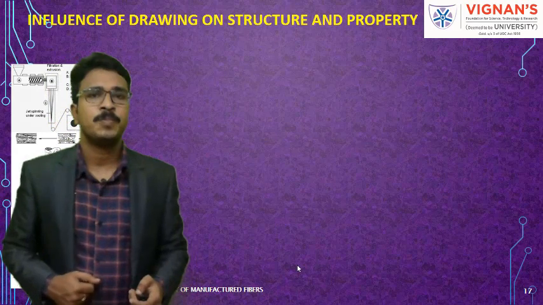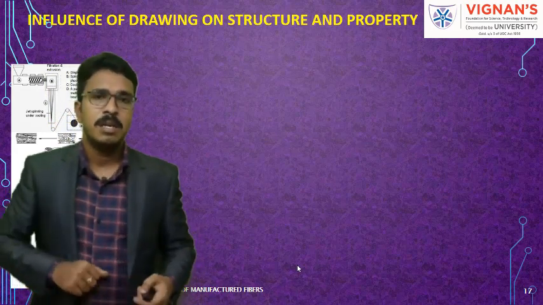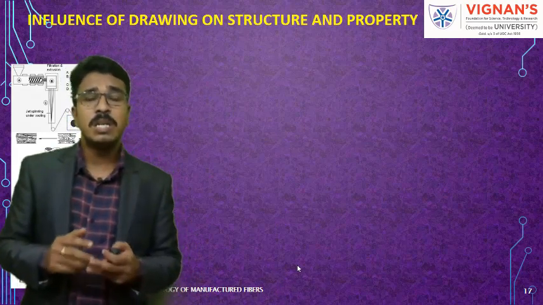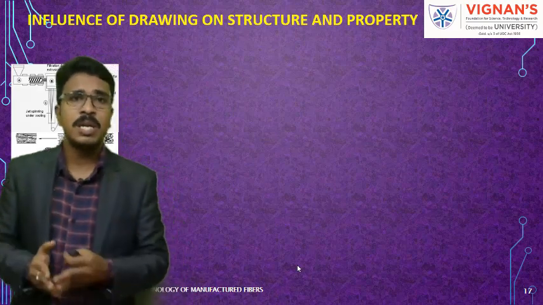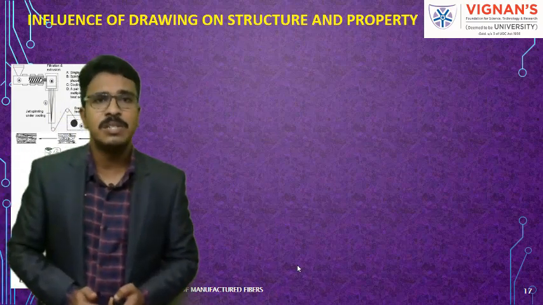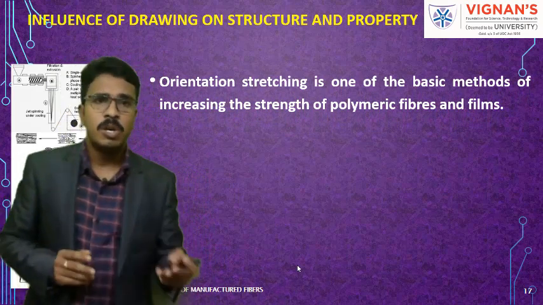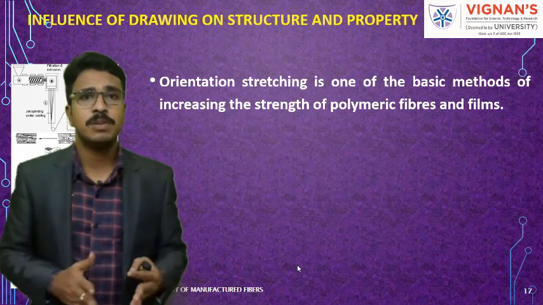Now, the last topic in this second unit is the influence of drawing on structure and property. So how does drawing influence the structure and properties of the filament? Drawing or orientation stretching, both are the same, don't get confused.